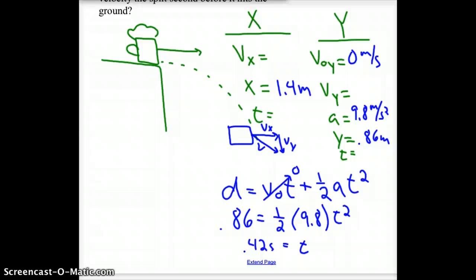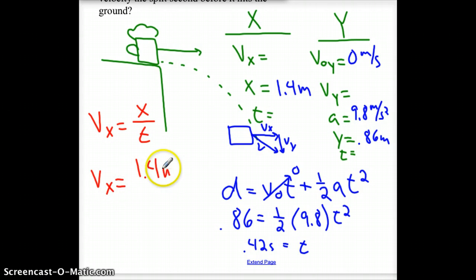When you have an object going at a constant velocity, you do not need to do kinematics. You can just use v equals d over t. Or in this case, Vx equals x over t. So I take the horizontal distance and I divide by the time.